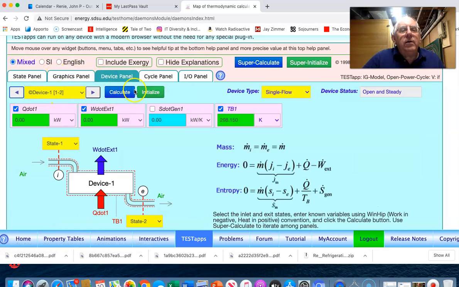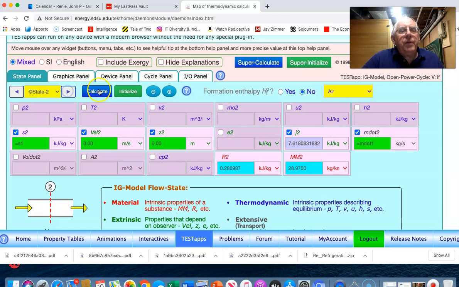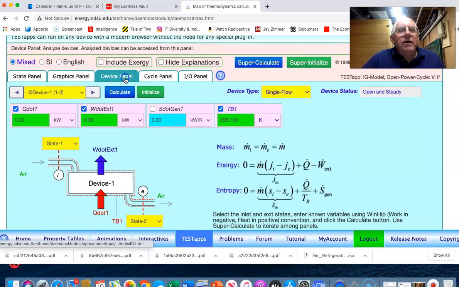Go back to here. Okay, that should have calculated like we saw before. This is our state 1, this is our state 2. Now state 2 is determined, state 3 is determined, state 4 is determined. Our device panel, there's our device.